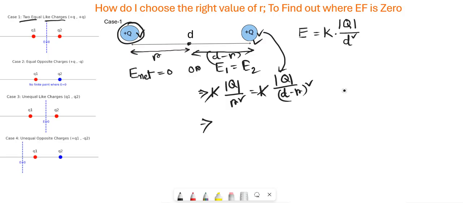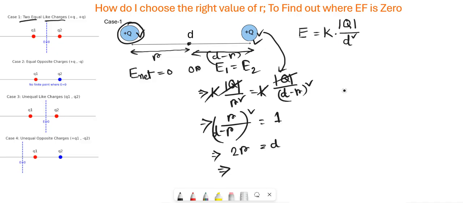By solving this, the constants cancel each other and the charges as well. So R divided by D minus R whole square equals 1, or we could write 2R equals D. I'm just omitting one line, that's why 2R equals D, or R equals D by 2.